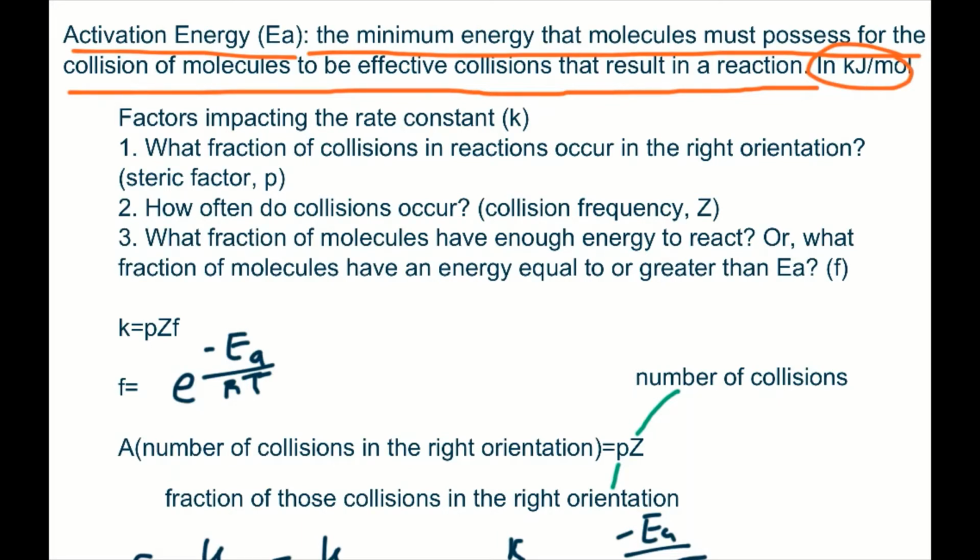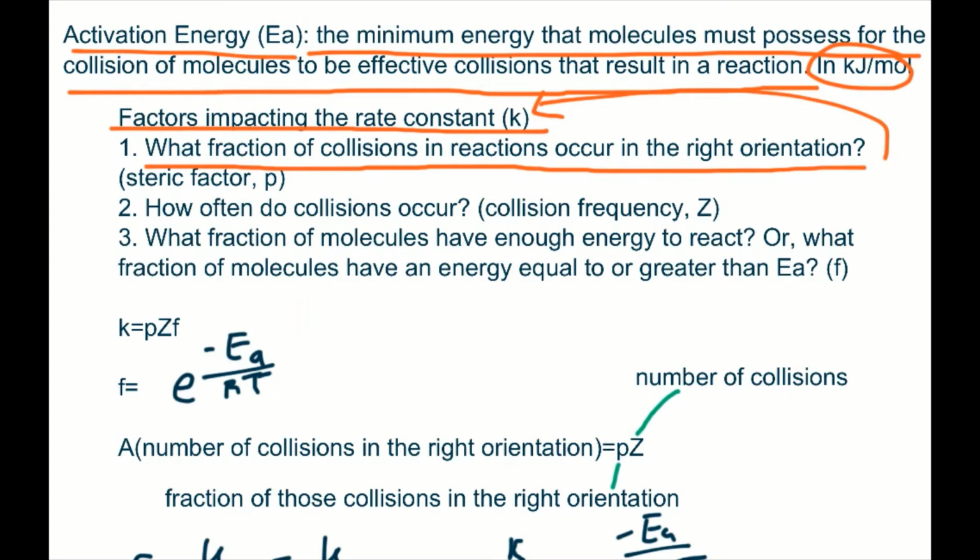What are some factors that impact the rate constant K? Well, you have to ask yourself 3 things, and these 3 things will determine how large or how little the K is. What fraction of collisions and reactions occur in the right orientation? This is known as the Steric Factor P. So if there is a greater fraction of collisions that are in the right orientation, then you will have a higher rate constant.